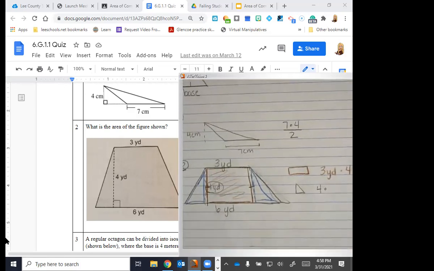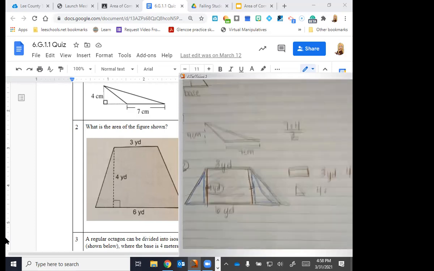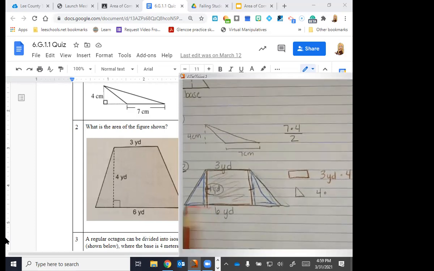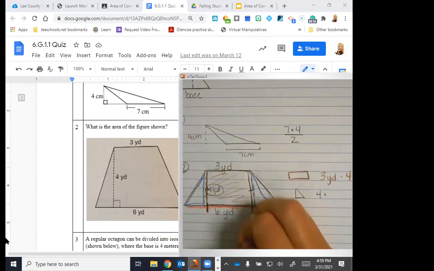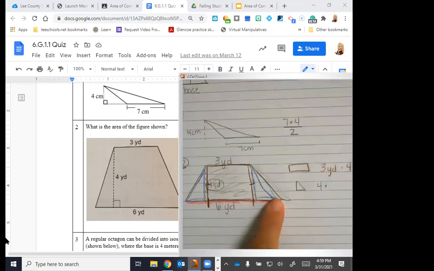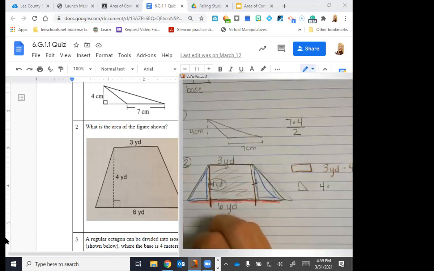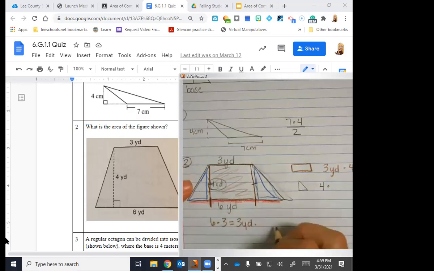This whole bottom of the trapezoid is 6 yards, this whole red section. 3 yards goes to the rectangle. So 3 yards of 6 are gone for the rectangle. How many yards are left for my 2 triangles? Well, if I had 6 and I gave 3 to the rectangle, I have 3 yards left for the triangles, but there are 2 triangles.